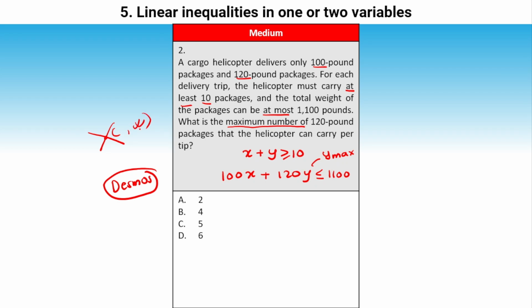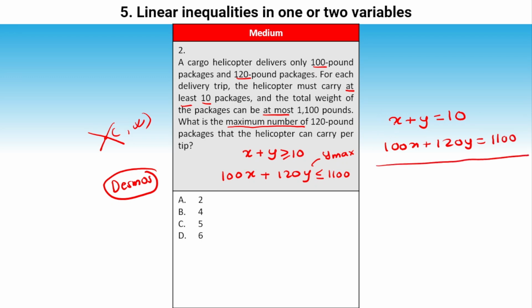But now we are just going to do it on paper. We have to solve these two equations: x plus y equals 10 and 100x plus 120y equals 1100.